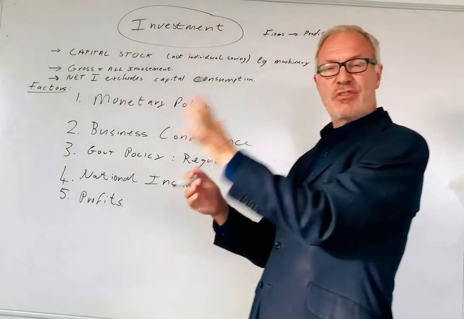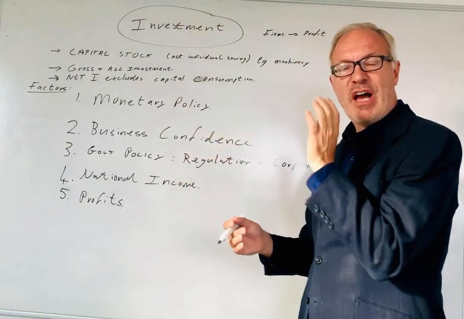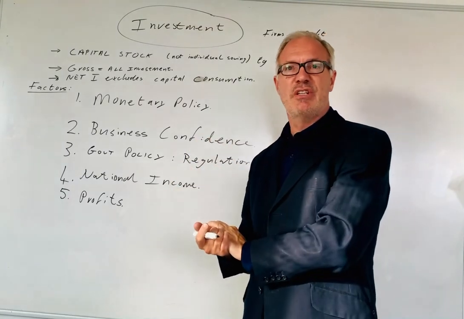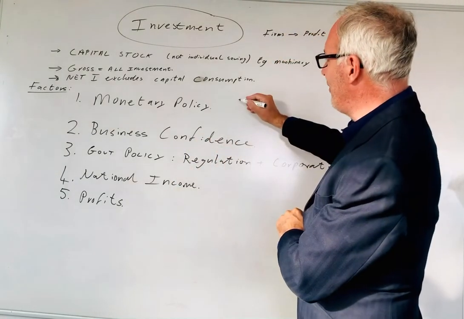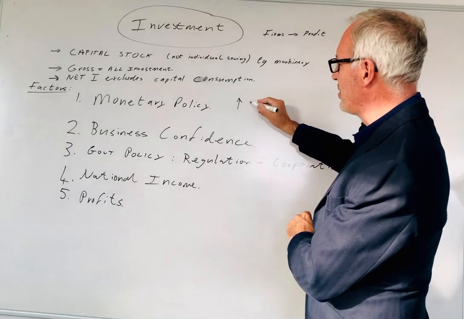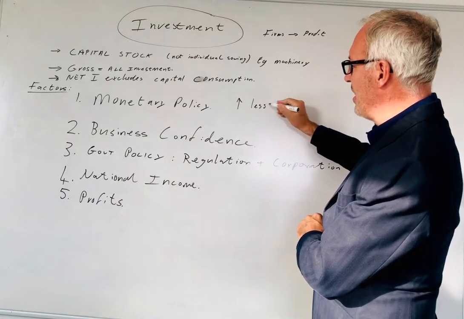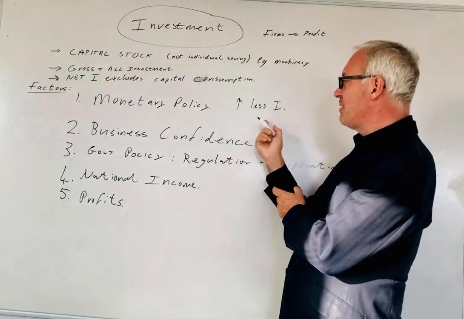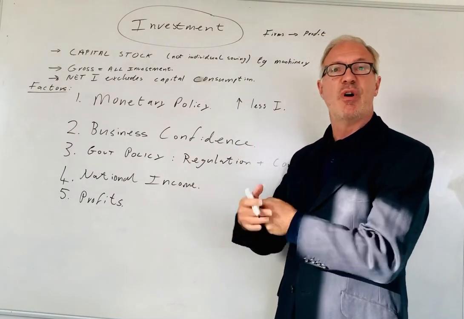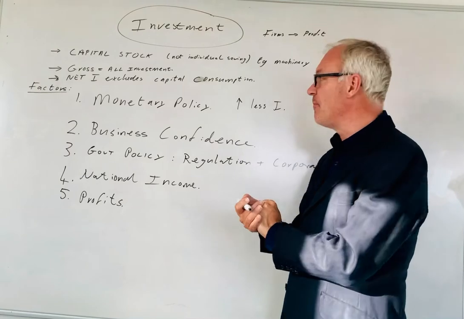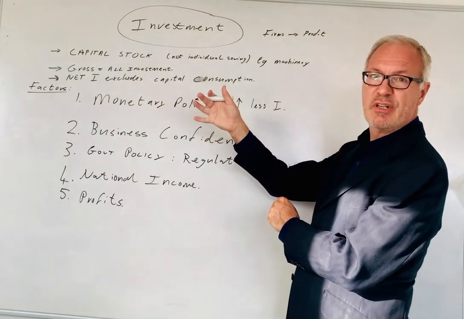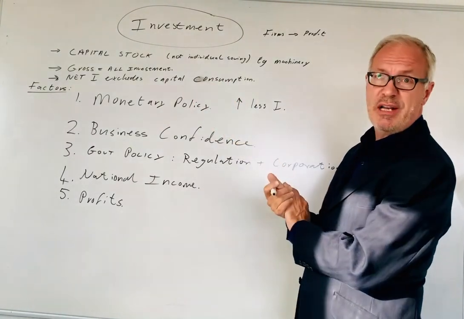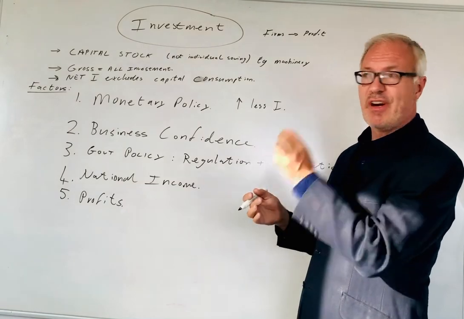The higher the interest rate, the higher the profitability that you need on an investment. So if interest rates were to increase, there will be less investment taking place because you need a bigger return on investment, so fewer investment projects are worthwhile. So higher interest rates mean that there'll be lower levels of investment and vice versa.